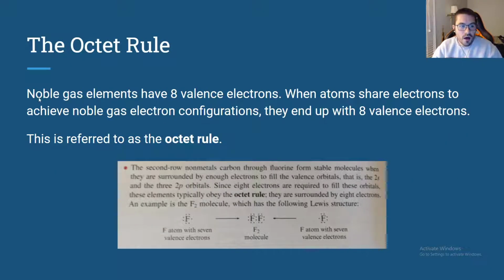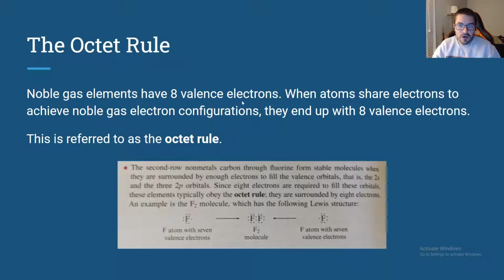So, noble gas elements have 8 valence electrons, okay? The exception to that is helium, and we're going to talk about that in just a minute, but all the other noble gas elements, neon, argon, krypton, xenon, radon, etc., have 8 valence electrons, okay? Meaning they have 8 valence electrons in their outermost energy level.